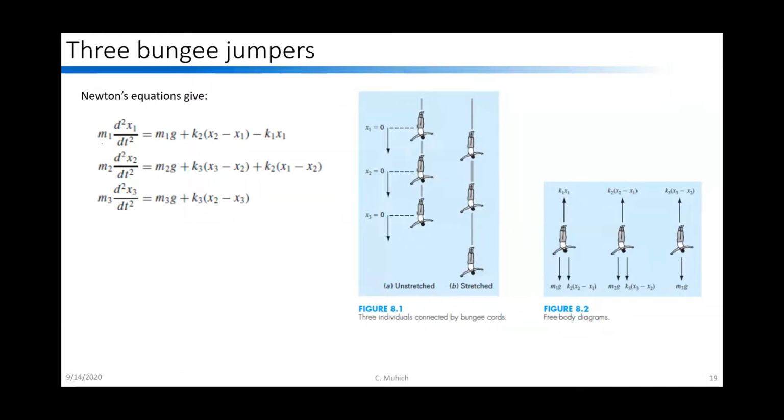So I can take these free body diagrams, using Newton's equation, to determine 3 simultaneous equations. Newton's equation says m1 times the second derivative of position with respect to time squared equals the sum of the forces. So m1g, k2 (x2 minus x1), and k1 x1. And I can write the same thing for bungee jumpers 2 and 3.